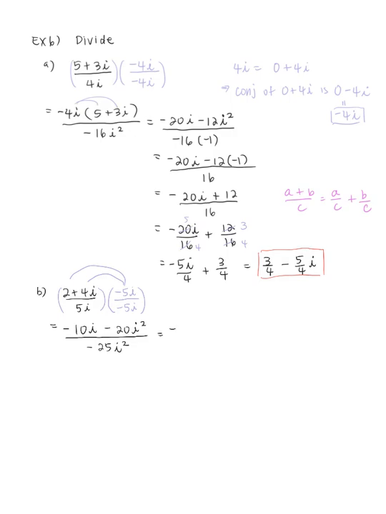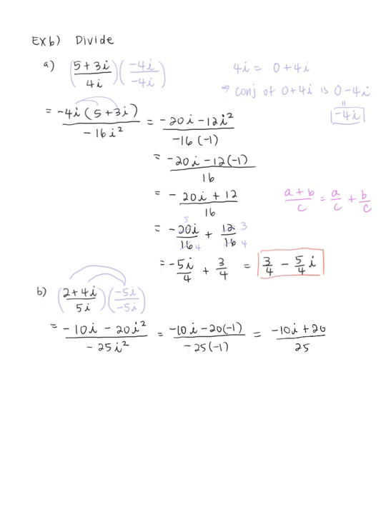So this becomes negative 10i minus 20 times i squared, which is negative 1, whole thing over negative 25 times the negative 1. Let's keep going. So this becomes negative 10i plus 20, whole thing over positive 25.